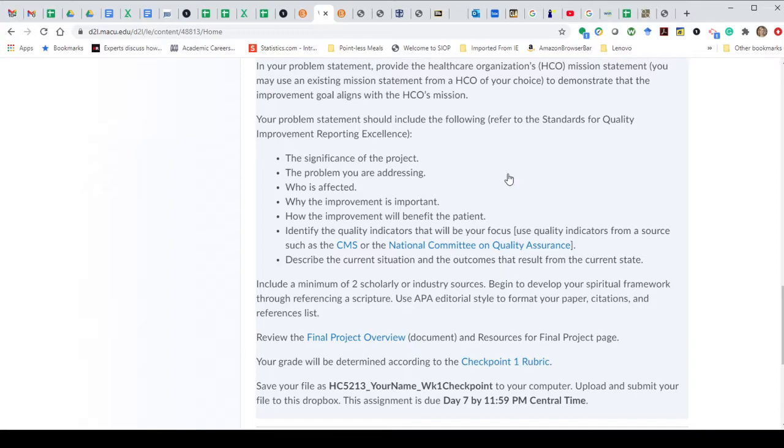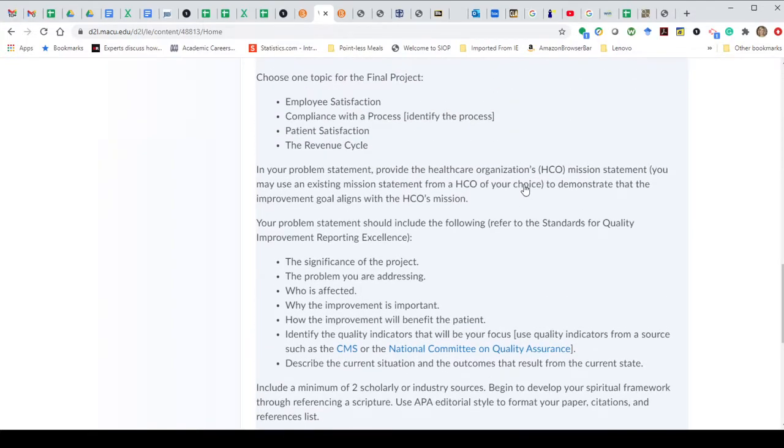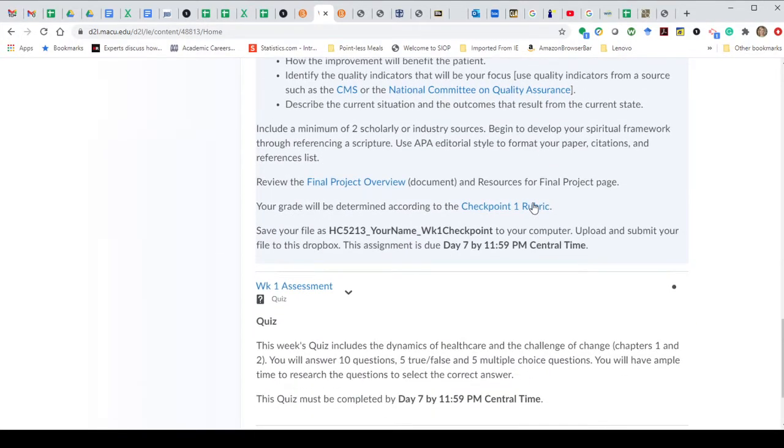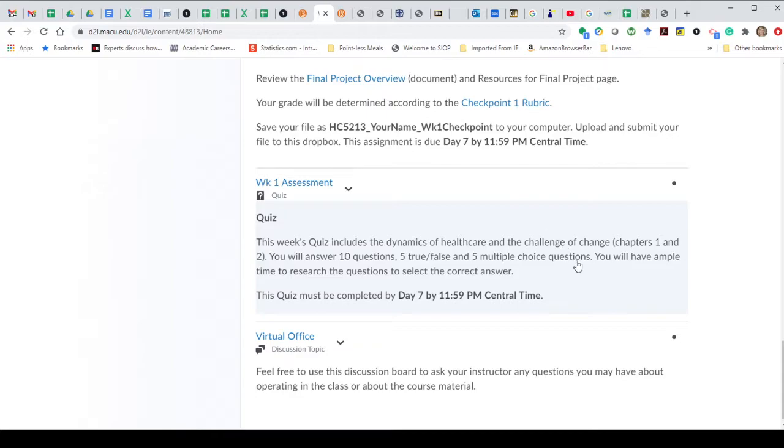This isn't the whole project in week one, but you should have enough information in your problem statement, these points, to be able to describe what your problem is that you will be addressing to improve, and specific indicators for that problem that will help you know what is going to be the focus for improvement.